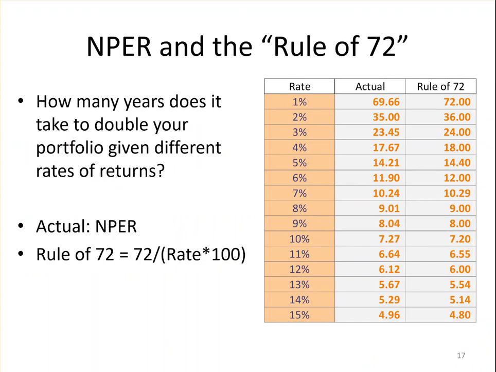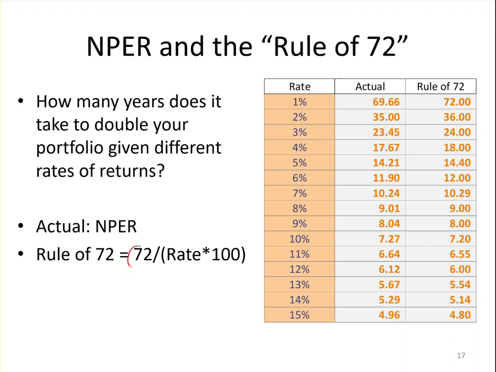The last thing we're going to do is something people talk about in finance called the Rule of 72. The Rule of 72 tells you roughly how many years it takes for your money to double based on the rate of return your money is earning.